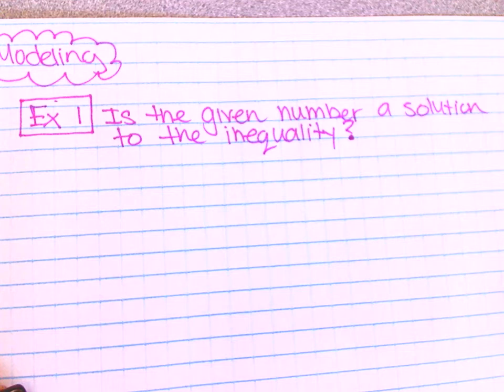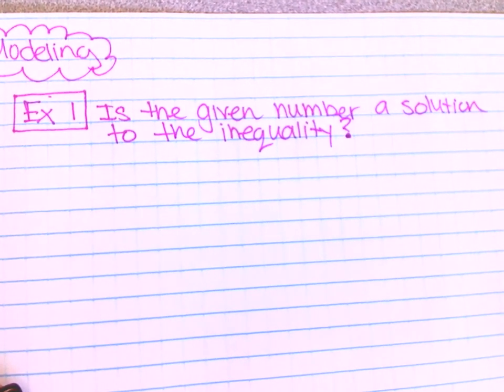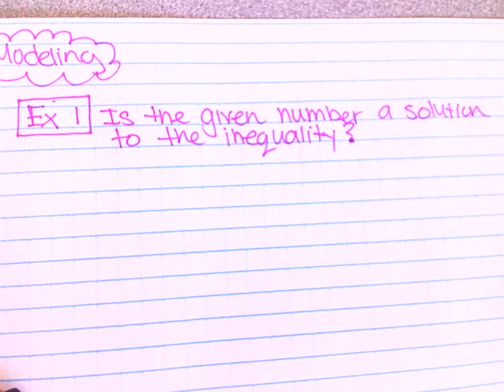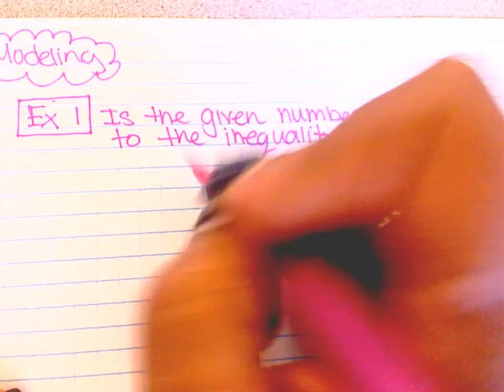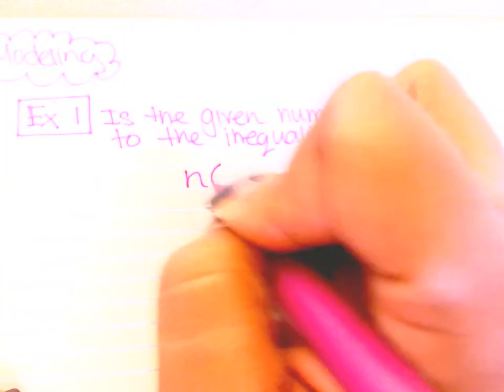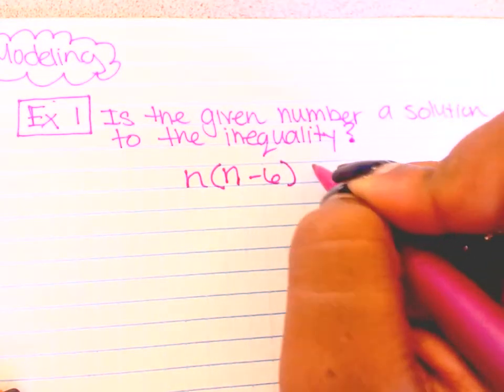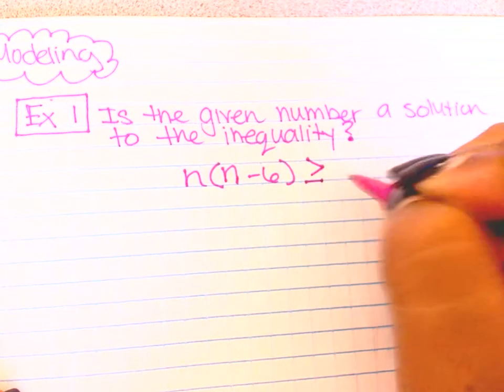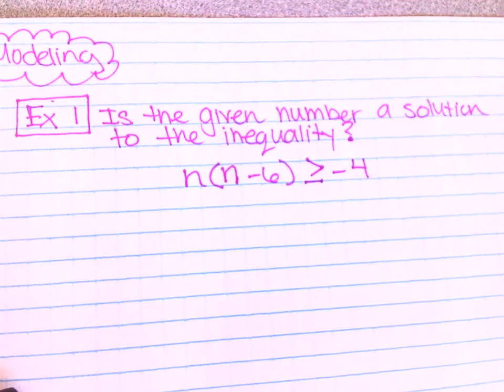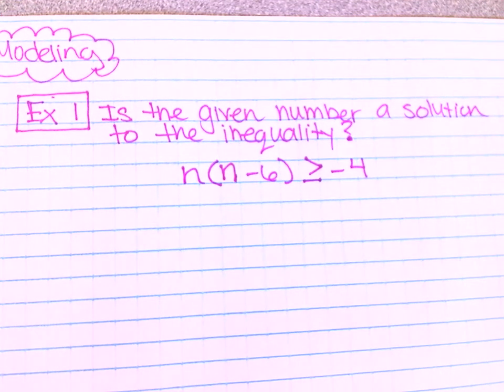And this is what they give us: x times the quantity of n minus 6 is greater than or equal to negative 4. So they're going to give us different numbers. We're going to have to plug it in and see is the solution true or not, yes or no.